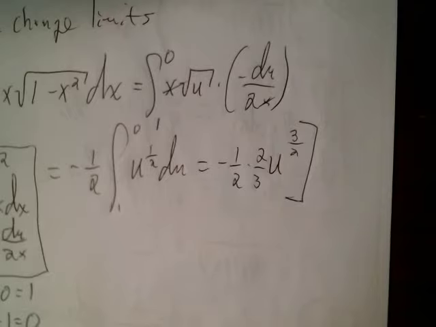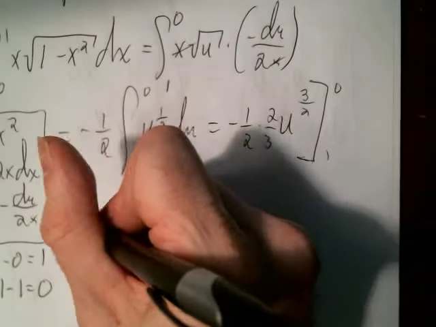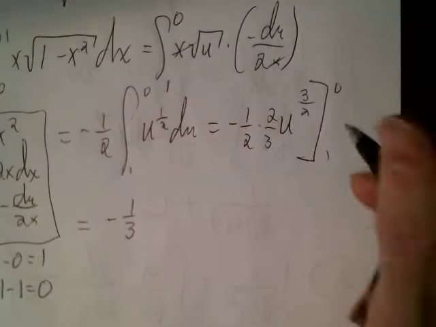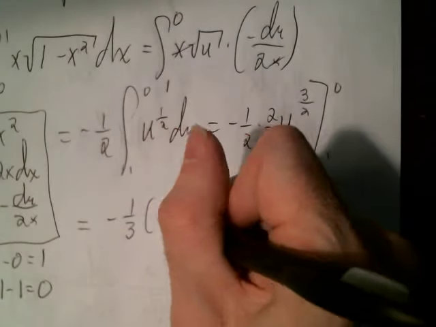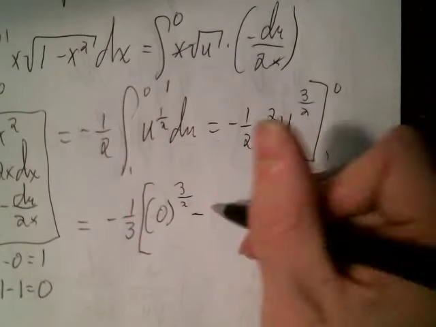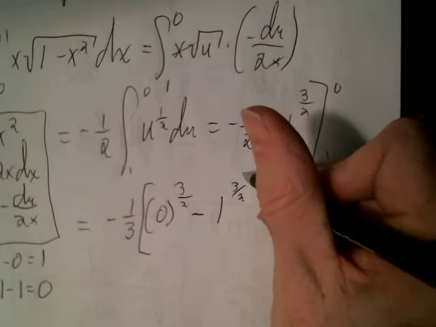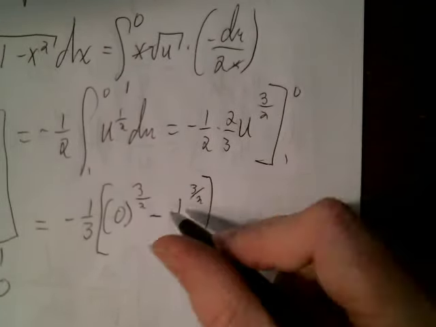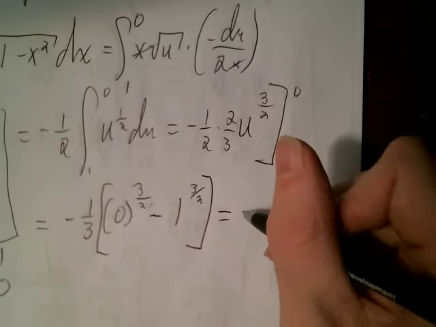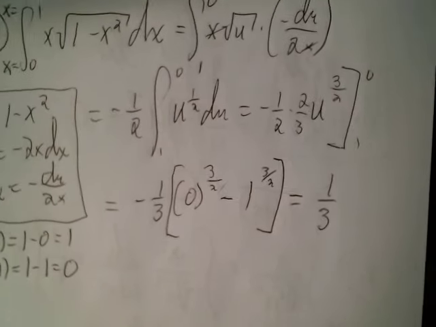And I need to evaluate from 1 to 0. So I'm getting negative 1/3, and then I'm plugging in 0, and 0 to the 3/2, minus plug in 1, so you get 1 to the 3/2. 0 to the 3/2 is 0, so I just get minus 1. So negative 1/3 times minus 1 is 1/3.